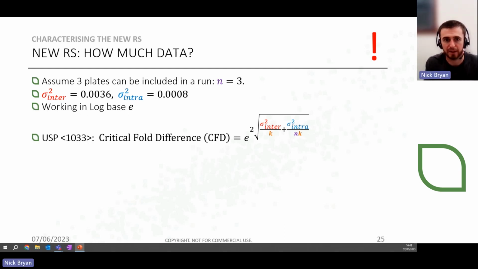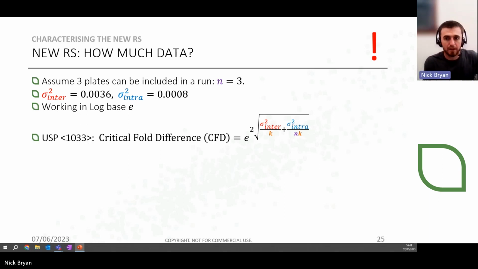And we use this value of 2, which is an approximate 2-sided critical value for the normal distribution. This value of 2 is given by the USP. It represents some approximation of the normal distribution used to calculate a 95% confidence interval for the log relative potency.